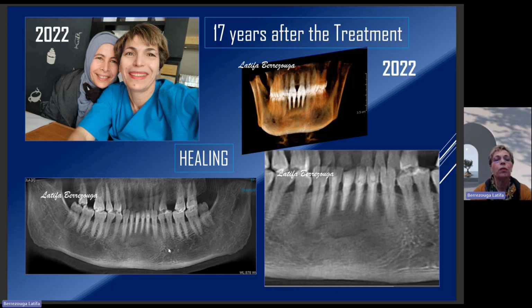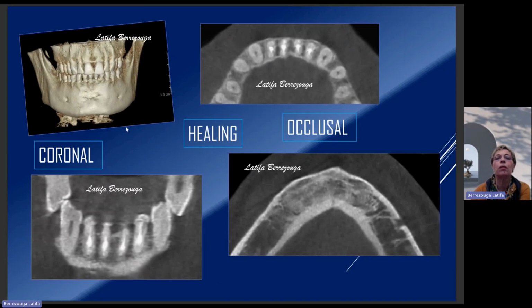And you see after 70 years the healing of the lesion here, the root canal fillings of these mandibular incisors, and different views, here, for example, in the coronal view, this is the occlusal view. Look at this healing of the lesion.